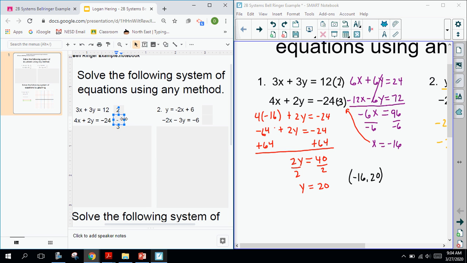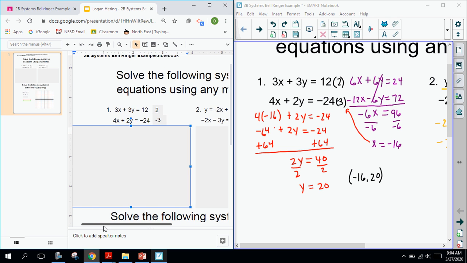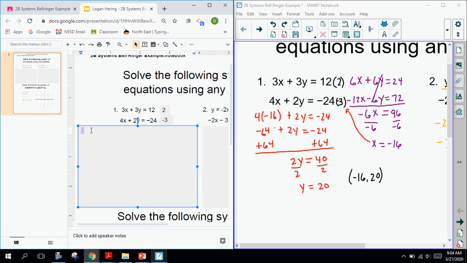And I didn't give you a big enough box, so I can resize that a little bit so you can actually see that. Then I plug the work into this box, and we're not going to plug absolutely everything in. So I'm going to type in the equations I got when I multiplied: 6x plus 6y, and that is equal to 24.